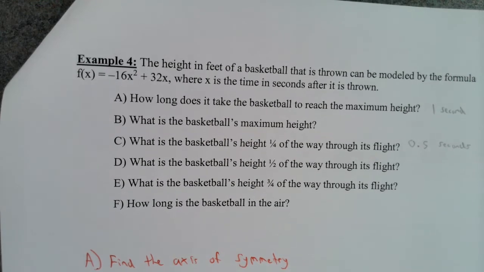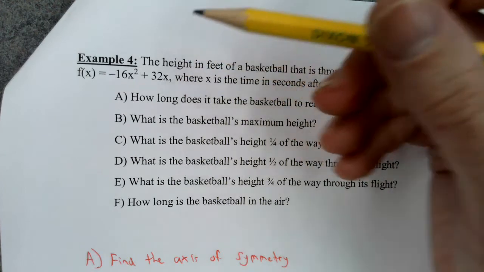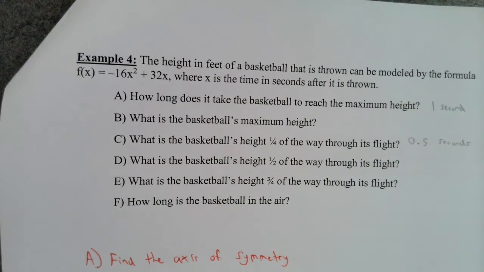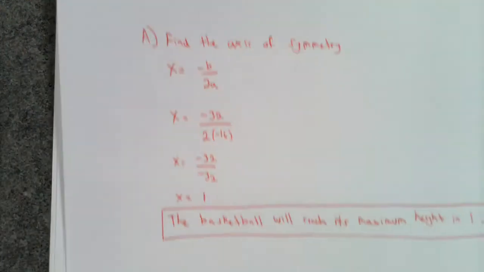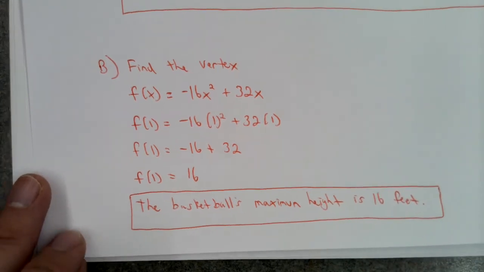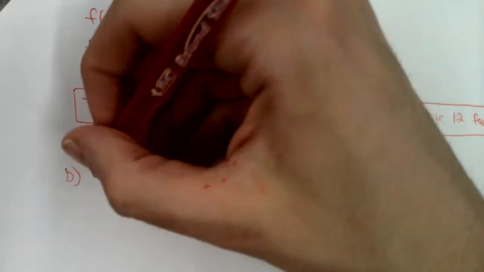If we're starting on the ground, which we are, there's no C value, so you're starting at the ground. You don't have to do any work for this, because the basketball's height halfway through its flight is the vertex. So we got that. So for part D, I'm just going to say use the vertex.